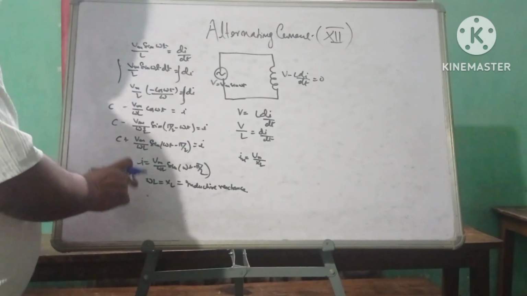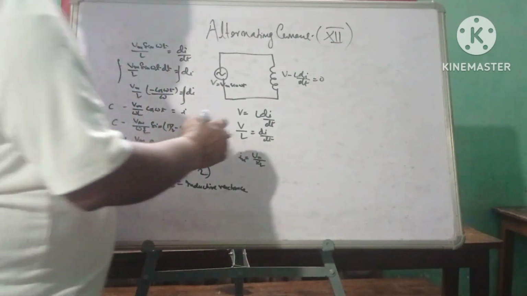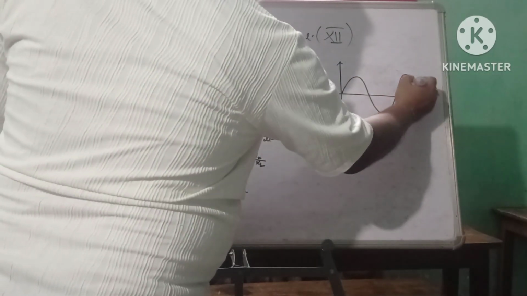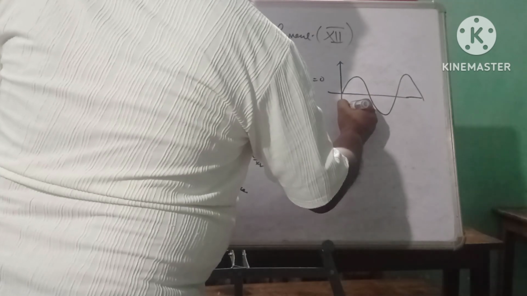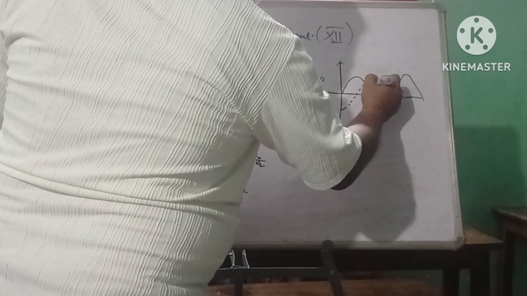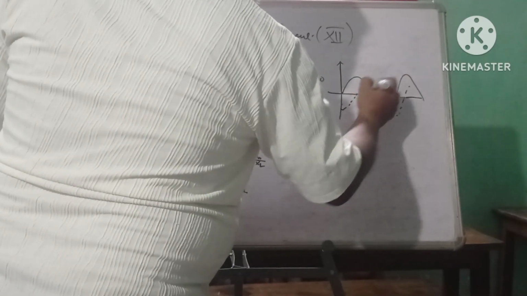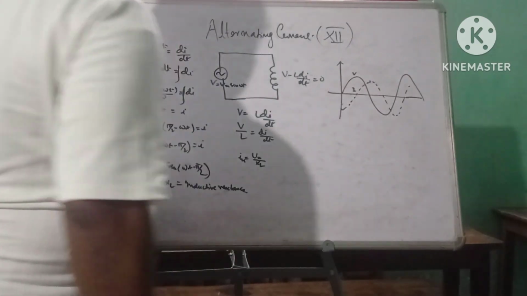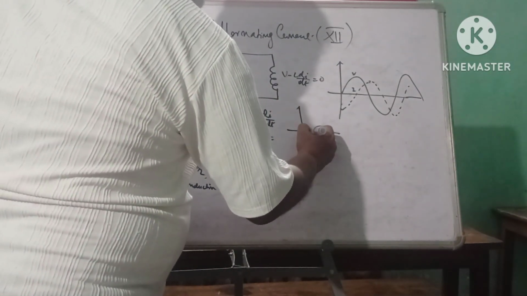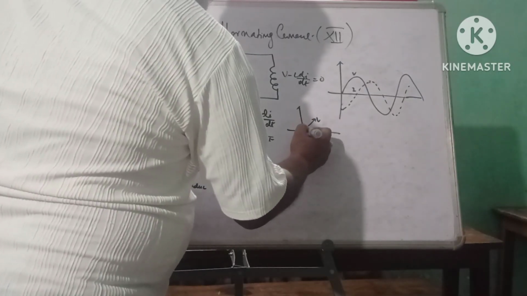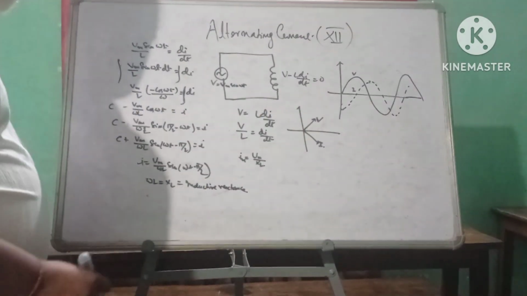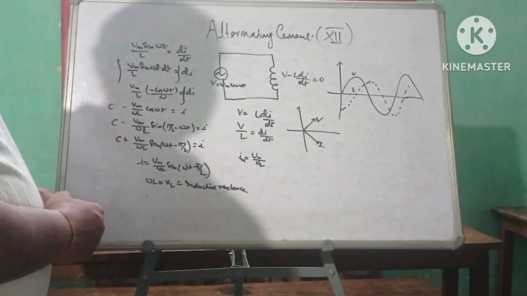That means I lags V. Your graph will be like this: this is V, and I will be 90 degrees lagging, so this will be your I. In the phasor diagram, this is V and this is I, which will be lagging by 90 degrees.